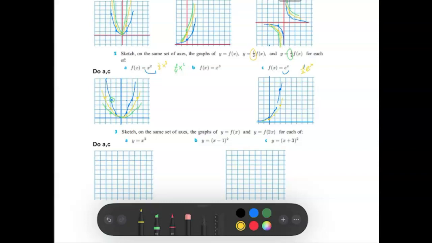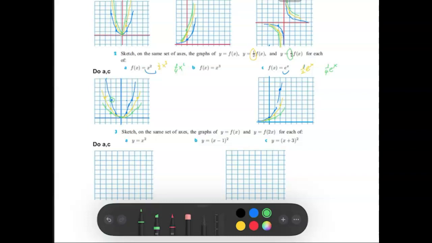Okay, and then last of all, I'm going to do 1/4 e to the x. So instead of 2.7, it's going to be like less than 1. Instead of 7, it's going to be like less than 2. Something like that. Okay? All right.